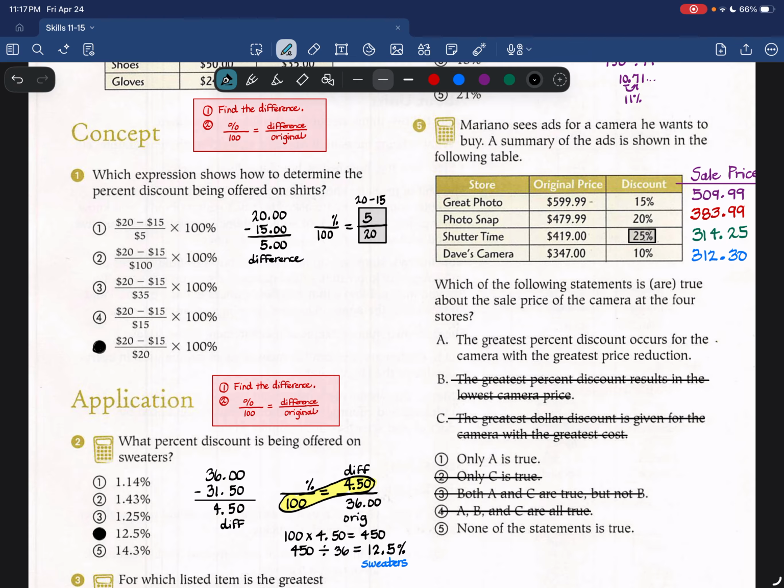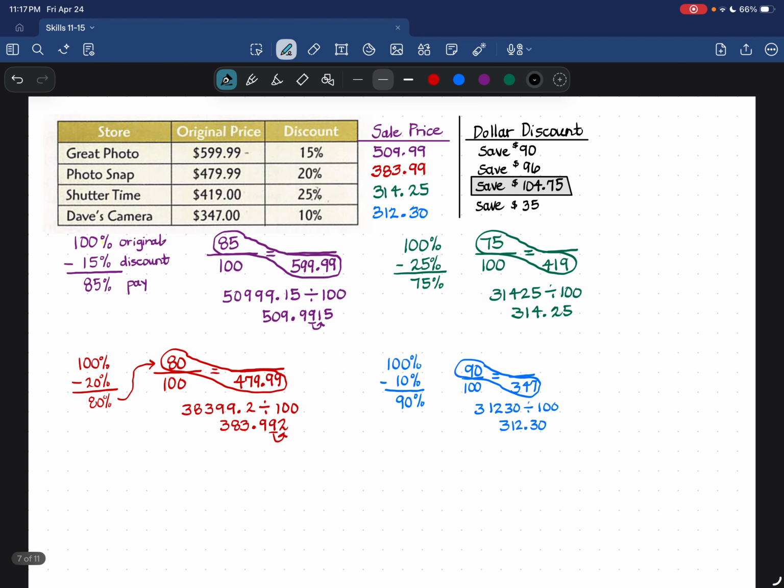Here's why. Let me go over here, bear with me a second. I'm going to turn to the page with that question so I don't have to keep flipping back and forth. Here we go. The greatest percent discount, which is 25%, occurs for the camera with the greatest price reduction.